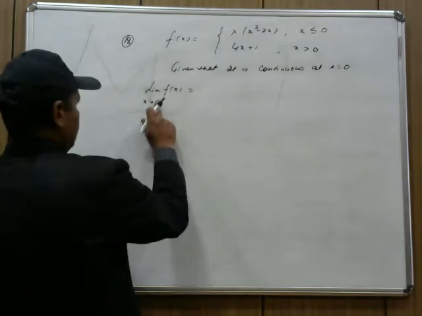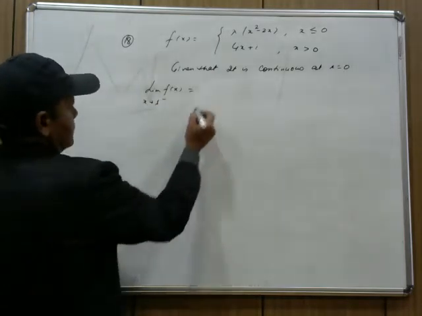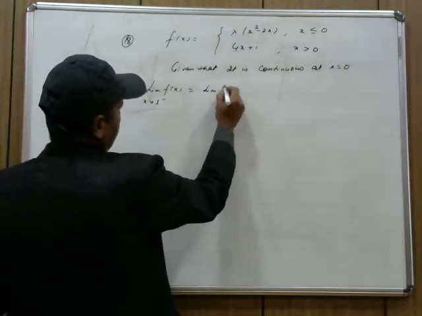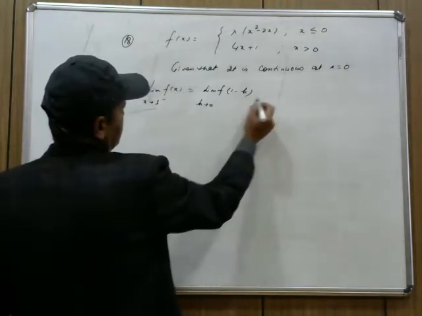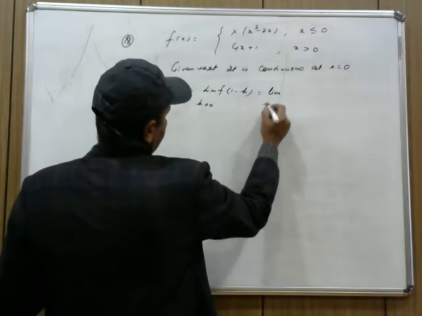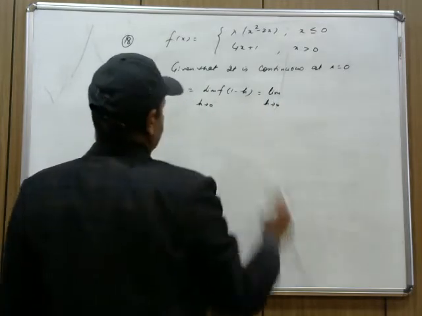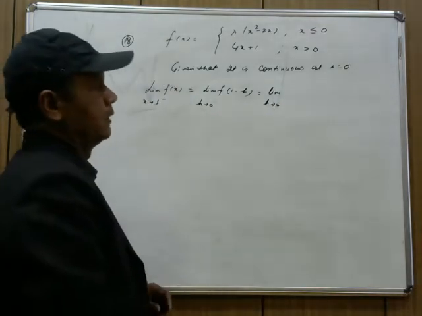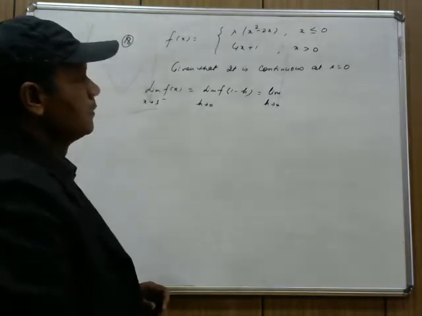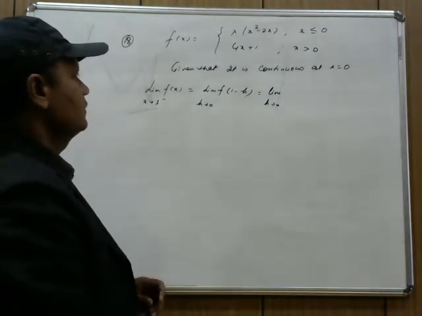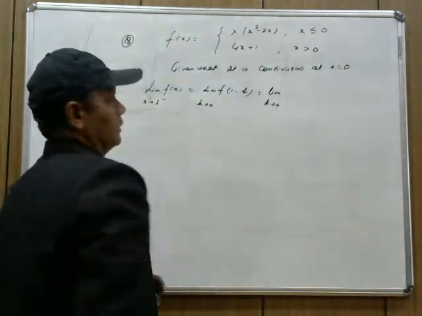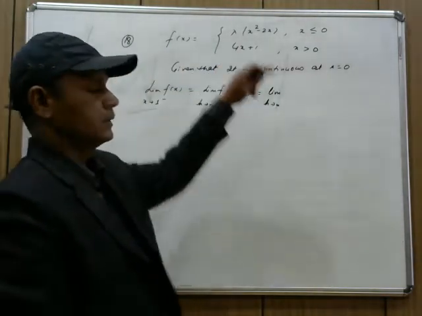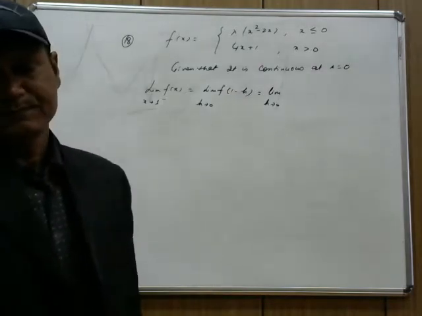Now limit of f of x as x tends to 1 minus is equal to limit f of 1 minus h, h tends to 0. For less than 1, that is greater than 0 and less than 1, we have 4x plus 1. This only we can have.